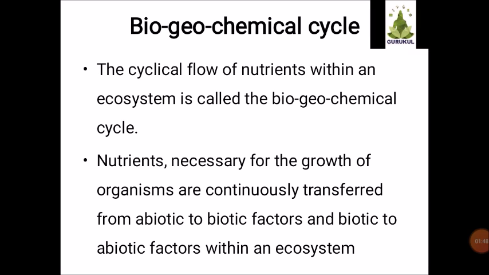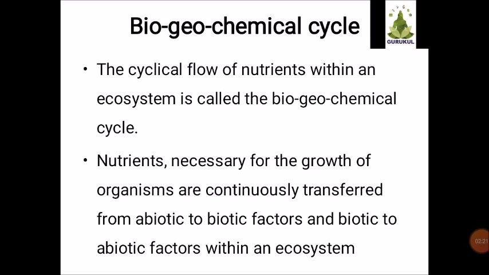Now nutrients, which are necessary for the growth of organisms, are continuously transferred from abiotic components to biotic and biotic to abiotic factors within an ecosystem. So you can in short understand that even the abiotic components, which are not living components, play a very important role in the proper life and work of a healthy human being.